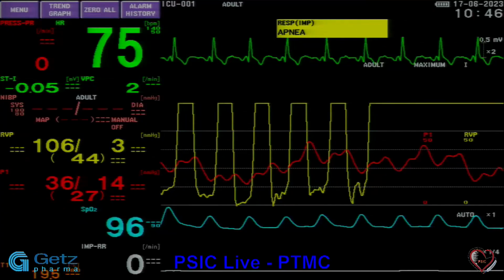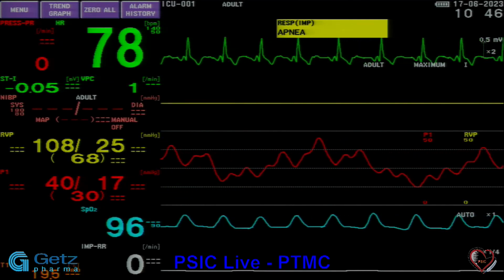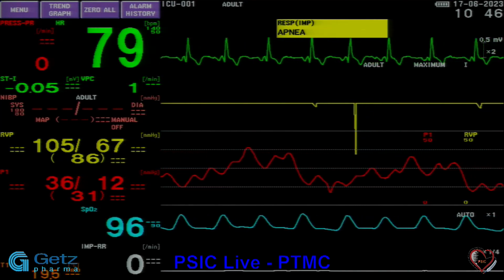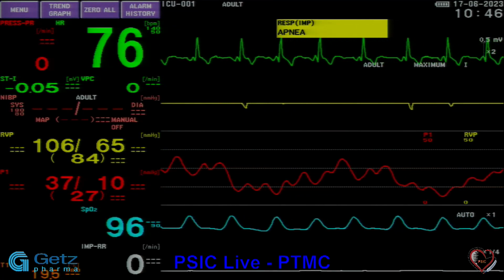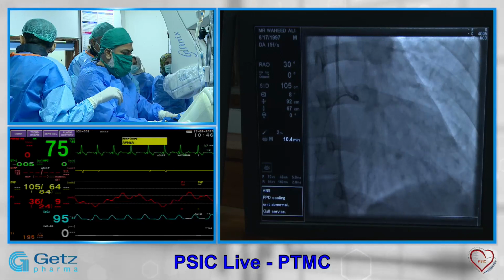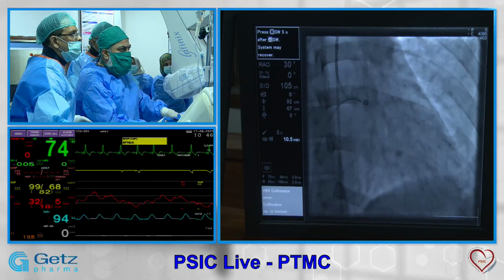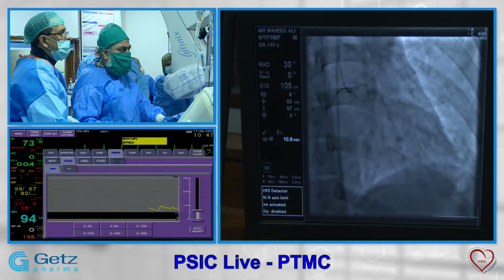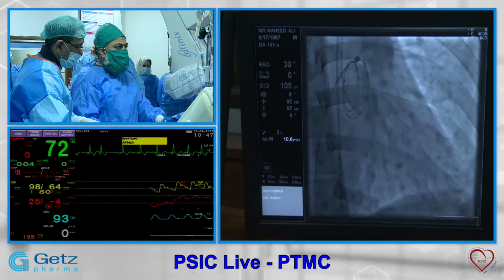And now the second thing will be, heparin given? Yes, sir, 3000. Now we'll take the PTMC wire in. Center it please.